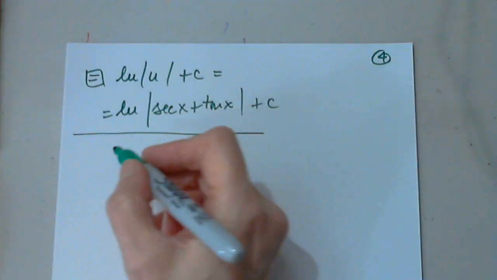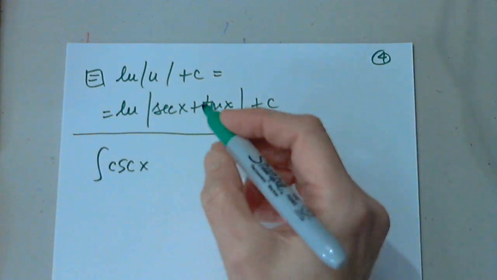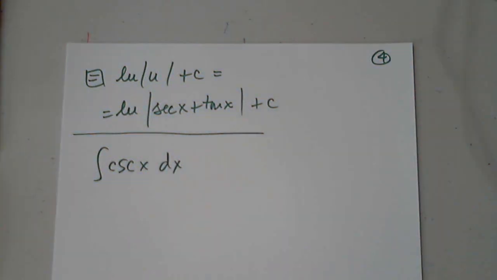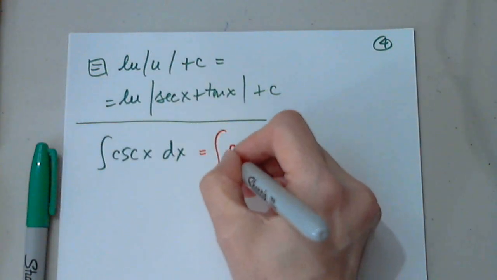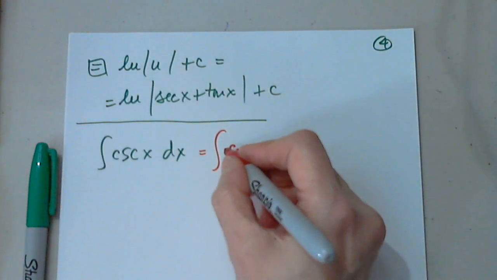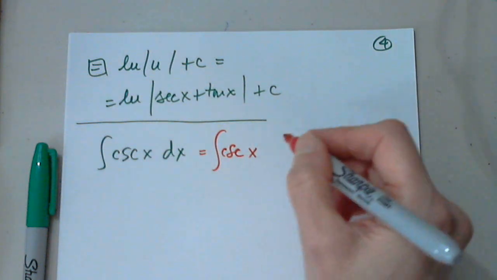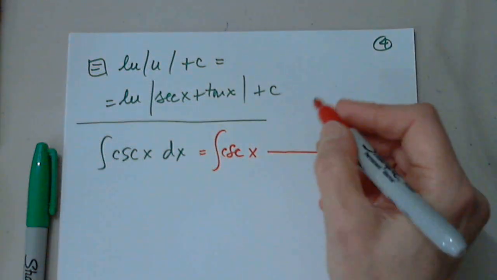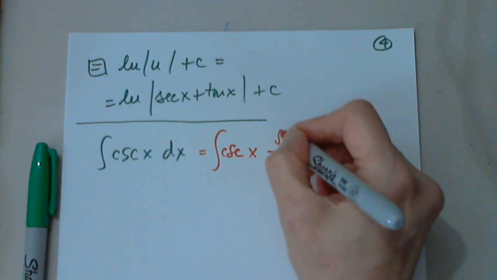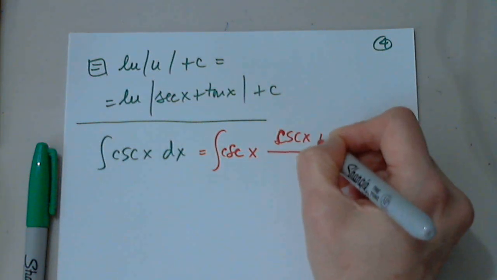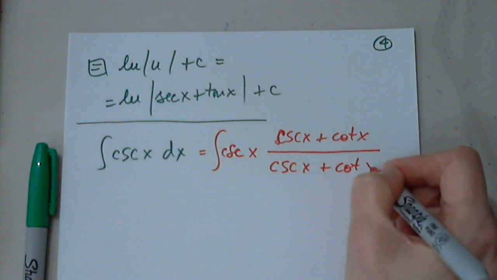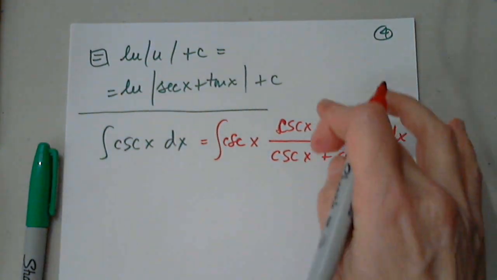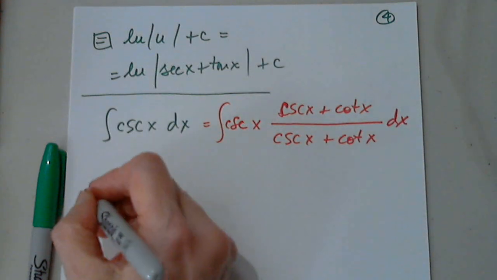For cosecant, we're going to use the same technique as before. So this is the integral of cosecant x multiplied by cosecant x plus cotangent x, of course dx, same quantity, no change.